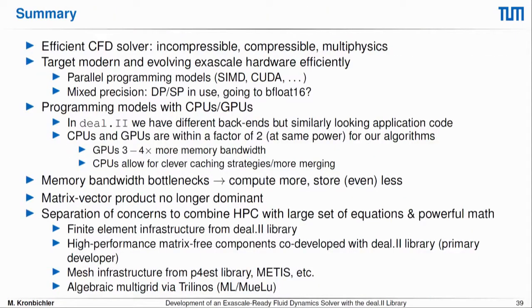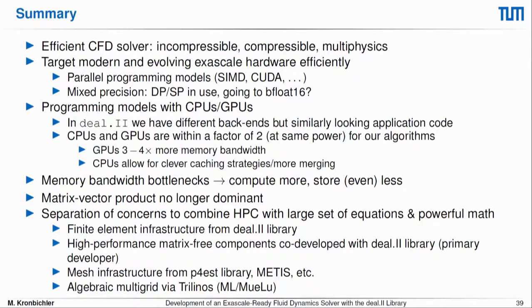And that brings me to the end. So we really have an efficient solver. What we need to do is separate the finite element methods from the application code. Application-code-wise, there is of course the difficulty that, like everyone else, we have to write a backend, because there is not really a backend for us at this point in time. We're looking into Kokkos and things, but that's not really the right abstraction for us. So we need to know about programming models. We need to know SIMD, CUDA, and so on.